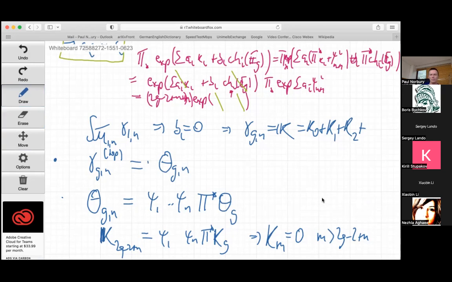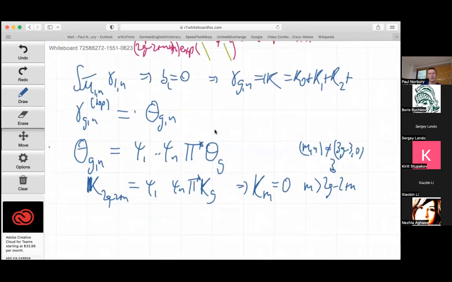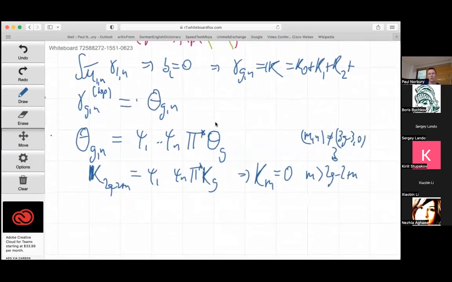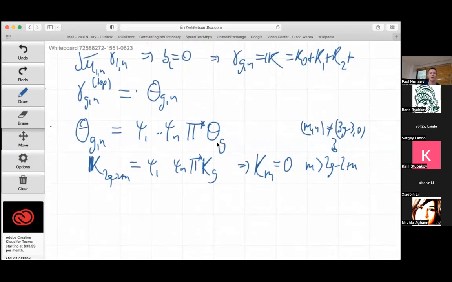So mn is not equal to 3g minus 3. So this nice trick, of course, we've tried to implement this for the J polynomials, and I believe it will work.